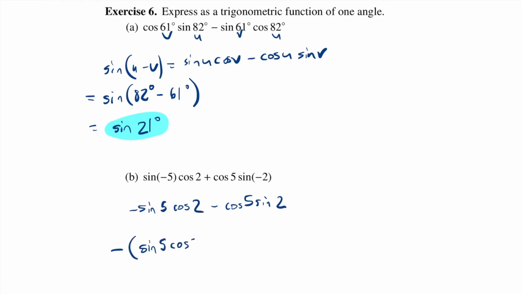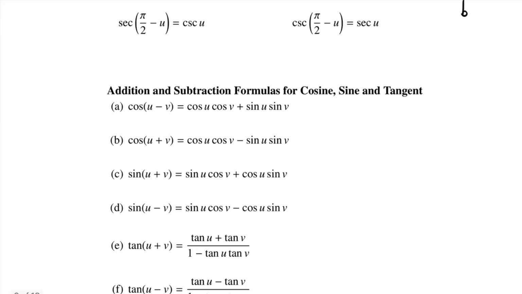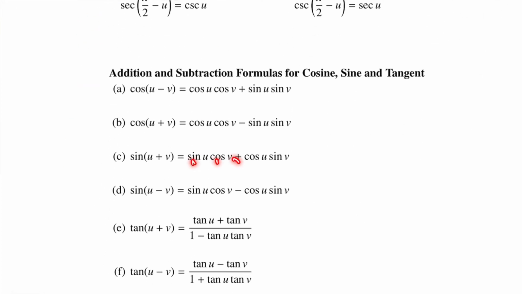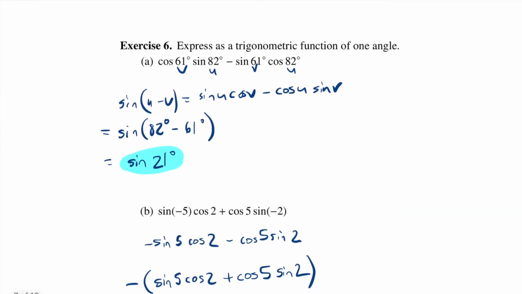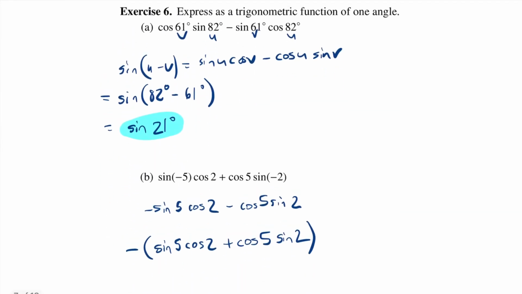And now I can select the appropriate formula. Sine cosine plus cosine sine is sine of u plus v. So the u is the 5 and the v is the 2.